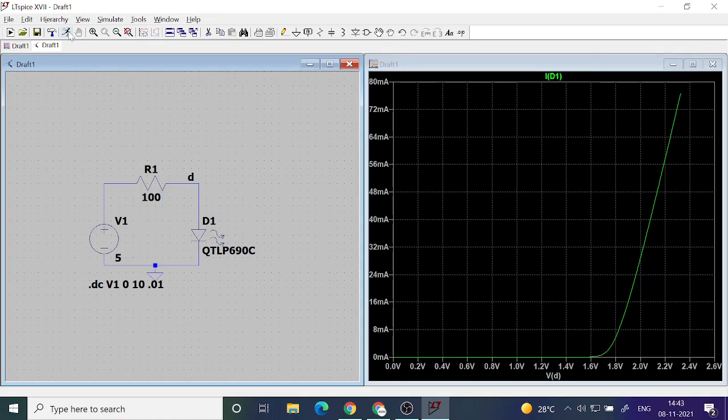So there is some change here, especially the cut-in voltage is changed so much. It is increased. So most of the LEDs are made of materials like gallium arsenide, compound semiconductors. They are not made out of silicon or germanium because, as we learned, those are indirect band gap semiconductors.